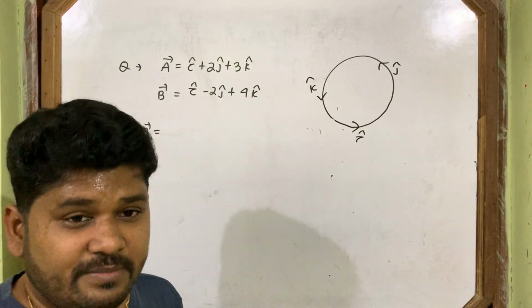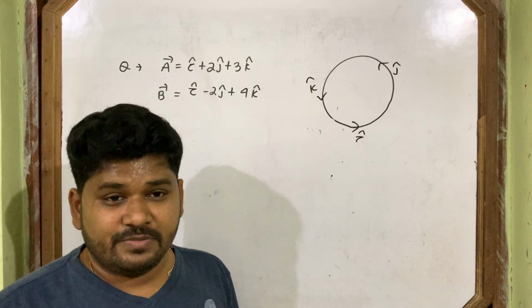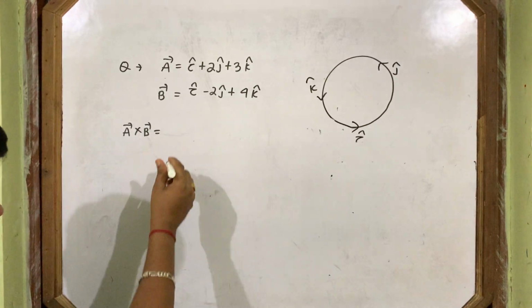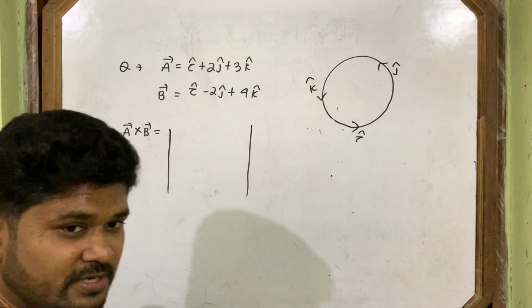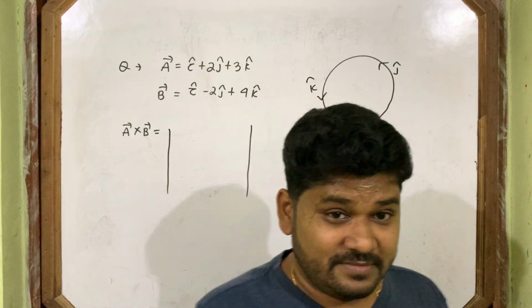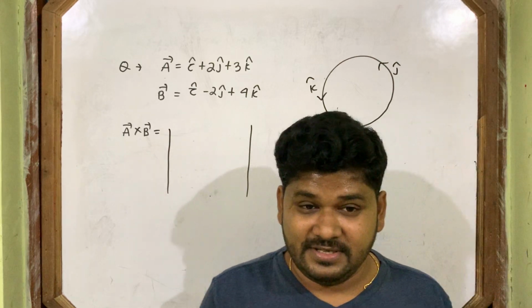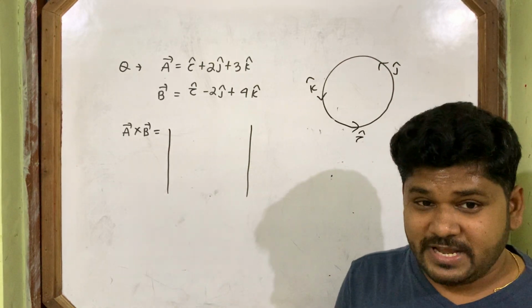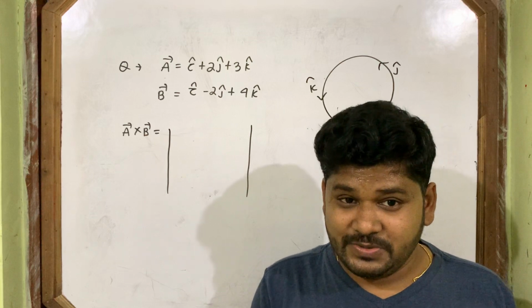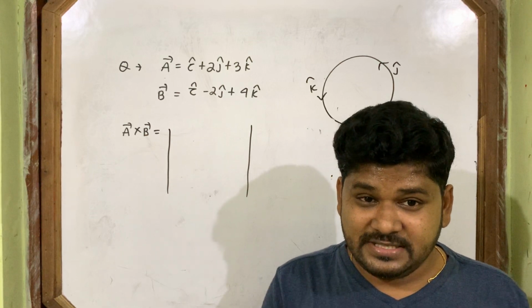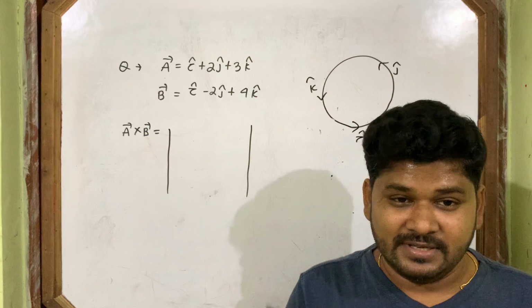I think the determinant method seems to be easy for many students. You first pause the video here and do it yourself. Then after completing, you play the video. So now you pause the video here.